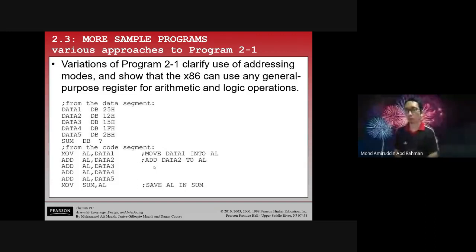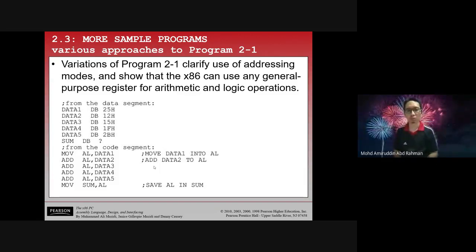What you need to put into your code: first data, you add into AL, and then data 1 you put into AL, and then data 2 you put into AL, put all of that into AL. So that will be the summation of all of that. And then lastly you just put AL into the sum. This is much easier, right?